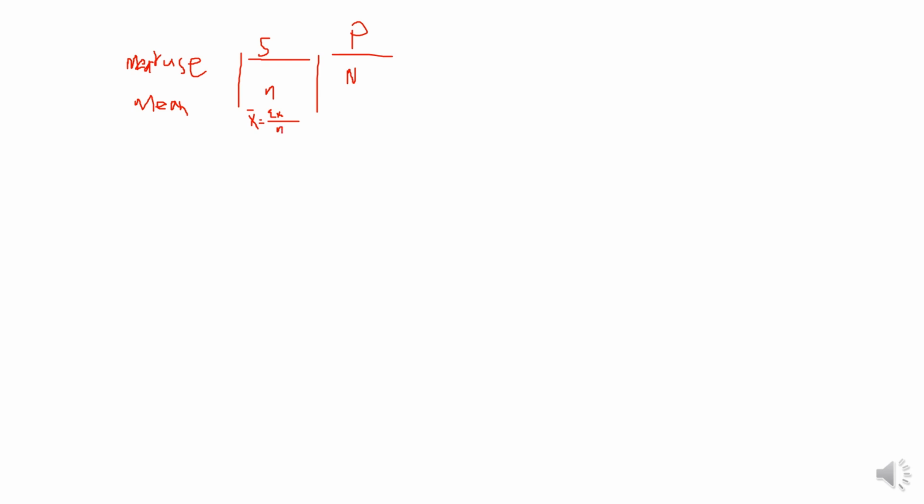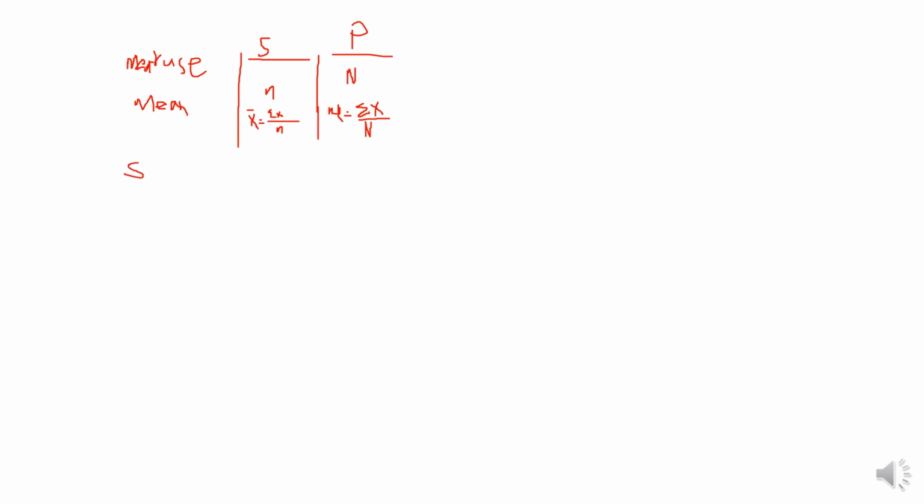And for the population parameter, we use the mean as mu, and it equals summation x divided by capital N. This is for the parameter.